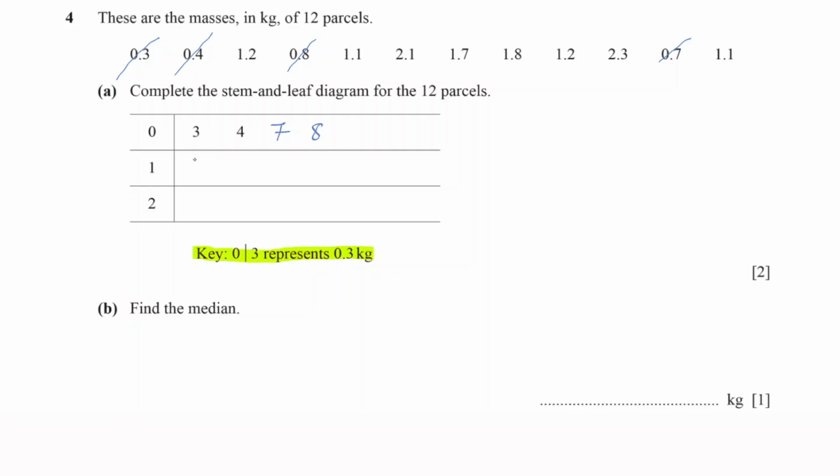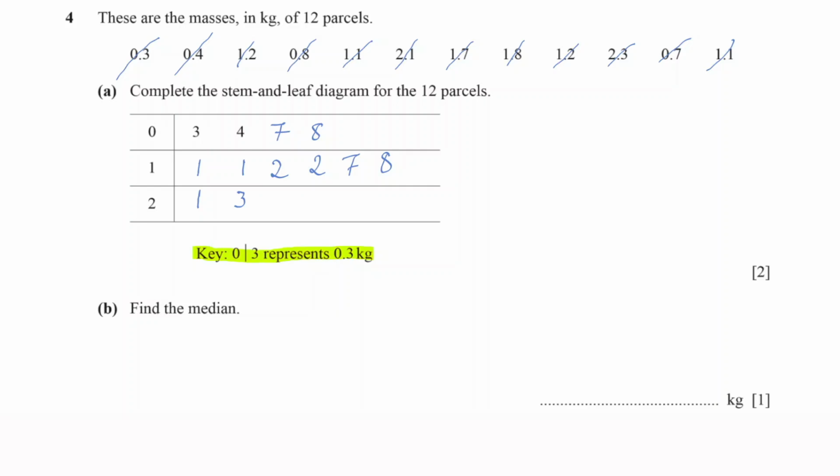Then we have 1.1 over here, and again 1.1, and then we have 1.2, then 1.2 again, then 1.7, then 1.8, then comes 2, 2.1, then 2.3. If you cut it like that, it will be easy for you, you will not miss any of the numbers. That's why it will be easy for you to understand also.